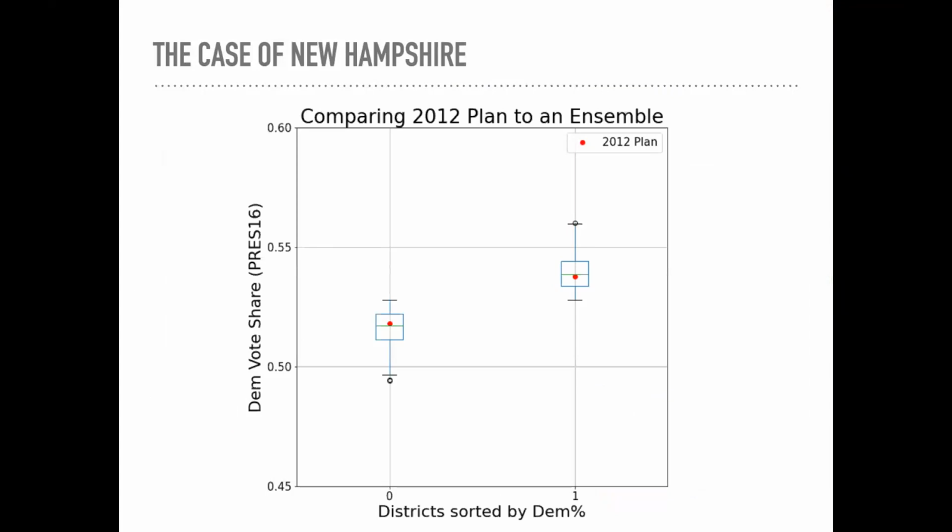We looked at 100,000 plans or something like that, and looked at the district with the smallest percentage of Democratic votes and the highest percentage of Democratic votes, and then made a box plot of where most of them tended to fall, and the average. The enacted plan, which is the red dot, is right in the middle. I've seen this picture for Utah. The red dot is way outside for Utah. For New Hampshire, it's right in the middle. So this one does not support evidence of political gerrymandering.